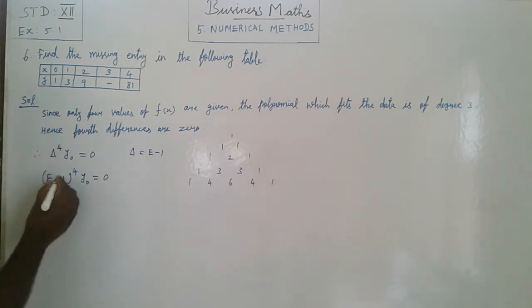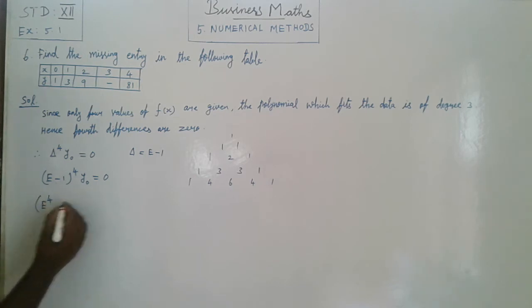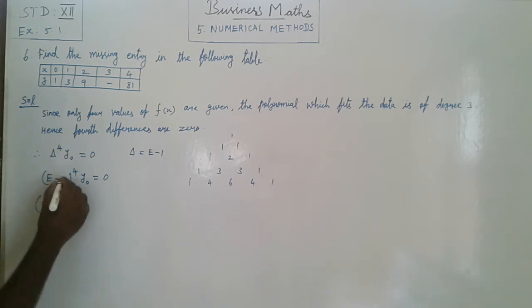So e minus 1 whole power 4, then the symbol is changed here: 1 into e power 4. Next minus, the next symbol is what? Minus 4 into e power 3, e power 3 into 1.